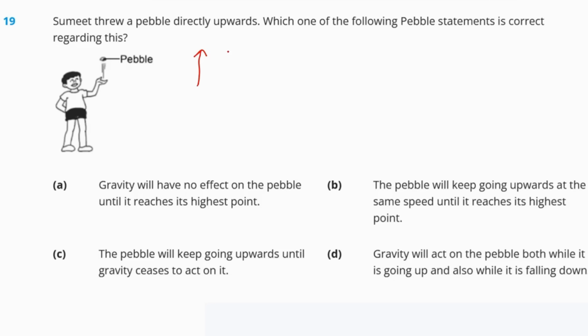It is a constant force which would be pulling objects toward the center. When we are throwing a pebble upward, what will happen? Gravity is still working. Because of the gravity, the speed with which it is going up would be reduced. After some point, it would be coming back. Right? So according to that, my answer would be option number D here.